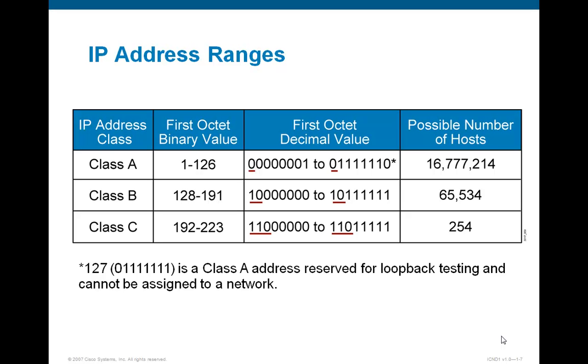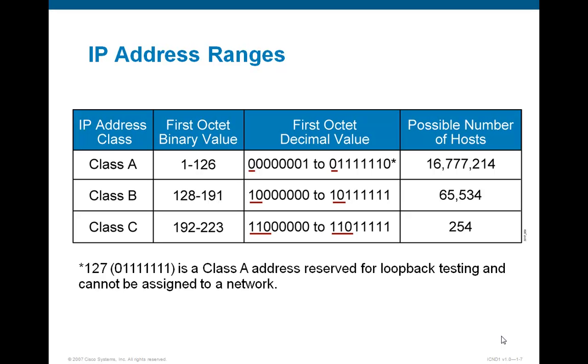Now this slide shows you the example of class A, B, and C address range. Referring to the second column, first octet binary value, if the first octet of the address starts with value 1 to 126, it is called a class A address. Class B ranges from 128 to 191, class C from 192 to 223.